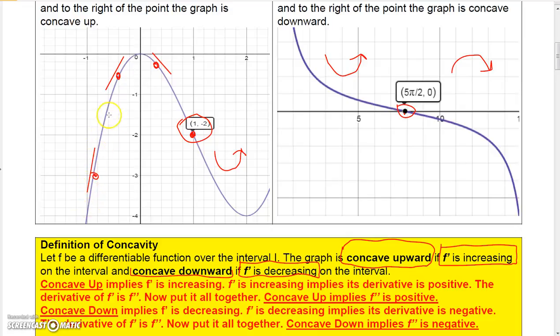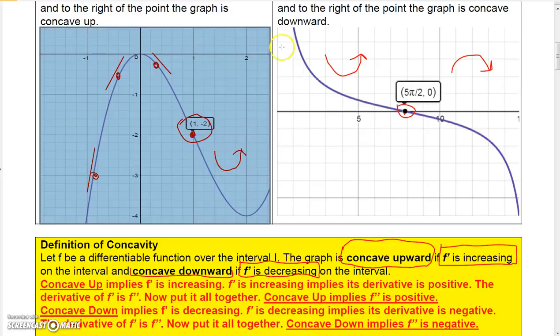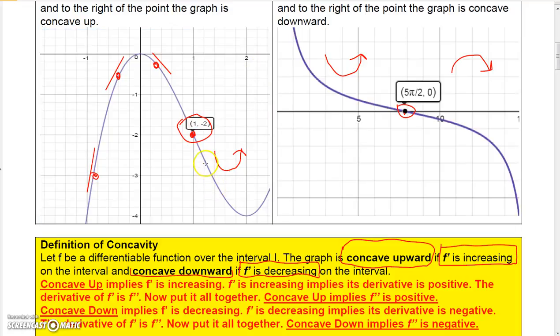So when a graph is concave down, then the first derivative would be decreasing, and therefore the second derivative must be negative. Now likewise, if you looked here where it's concave up, your tangent line here would be something like this, and then when you move down here, the slope would actually increase, and then when you get over here, you would get even more of an increase.